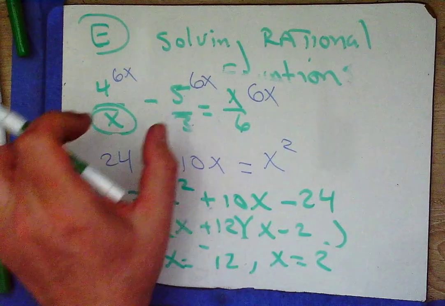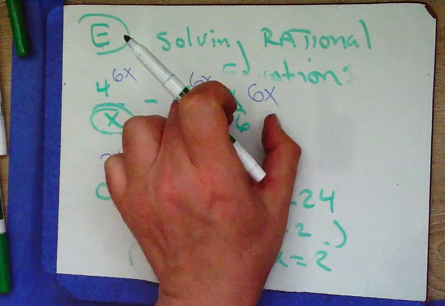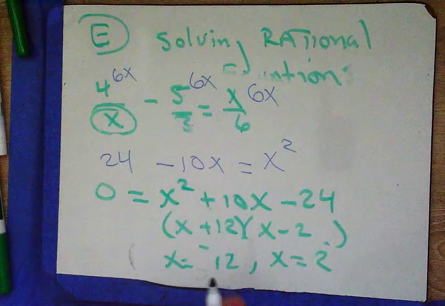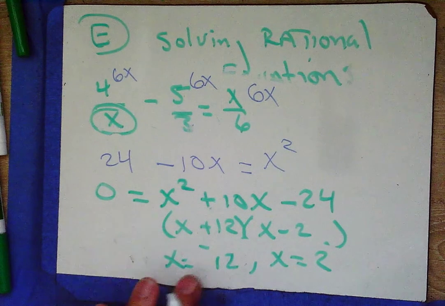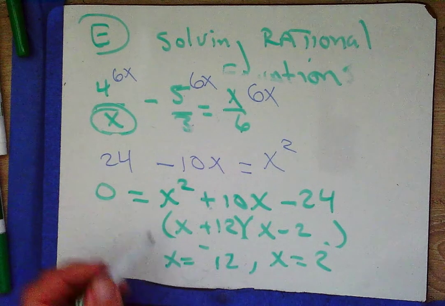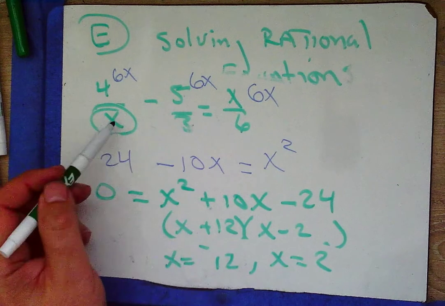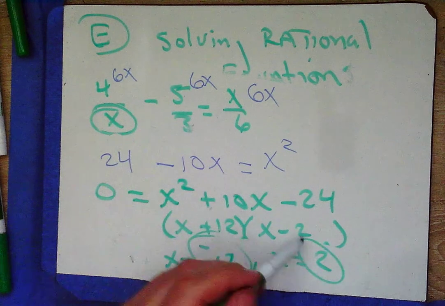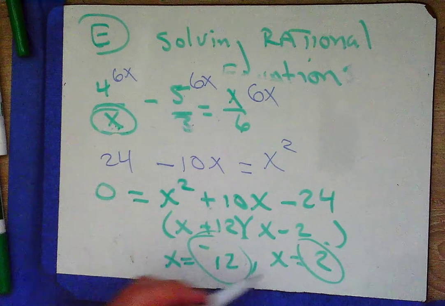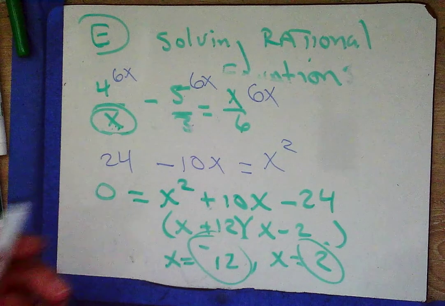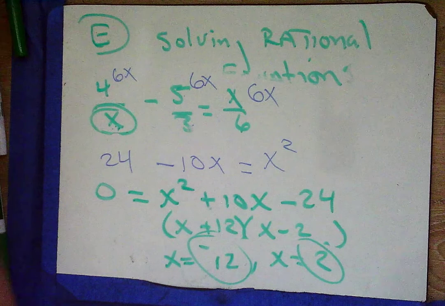You can plug in 2 here and 2 here and see that the stuff here equals the stuff here. But really, that's the ought check. The must check part of this is I'm checking to make sure that my answers don't turn this denominator into 0. These answers don't turn that into 0, so I'm fine with this. I'm going to move on.